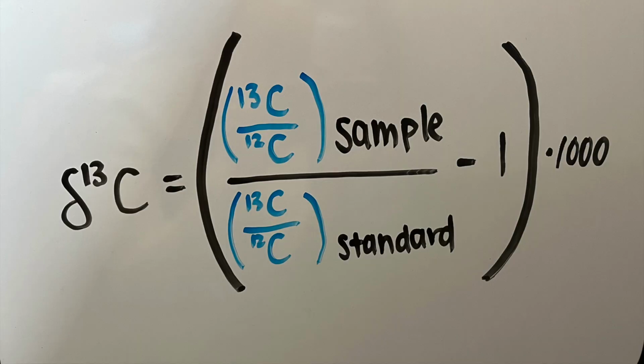It's expressed as per mil, and it's calculated by comparing the ratio in your sample relative to a reference standard, which is basically a sample of known isotopic values. Delta 13C values can either be positive or negative. A more negative value indicates more carbon-12, while a more positive value indicates more carbon-13.